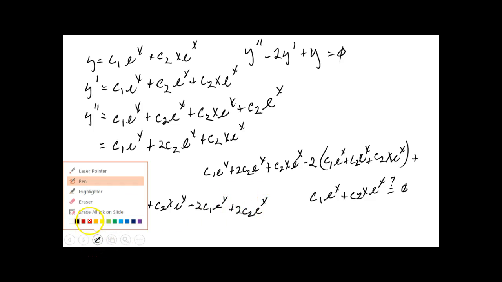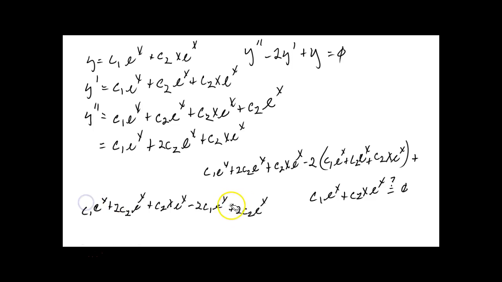That's what I knew. Something seemed wrong there. That's a minus because I was multiplying minus 2 times that. Okay. Minus 2C2 x e to the x plus C1 e to the x plus C2 x e to the x, and supposedly that's equal to 0. Let's see if it is.